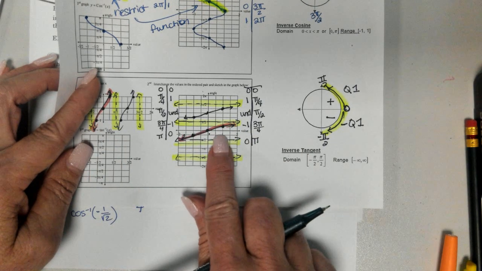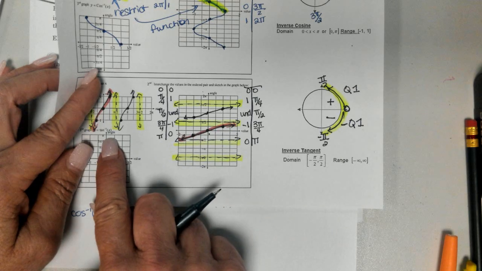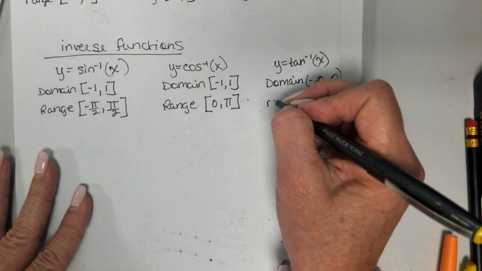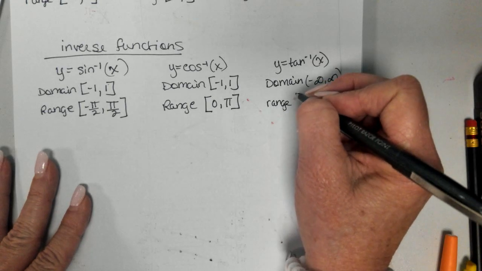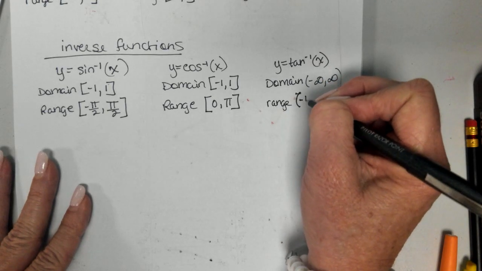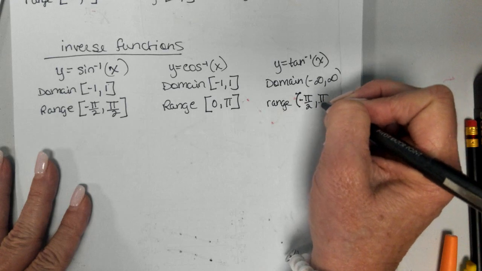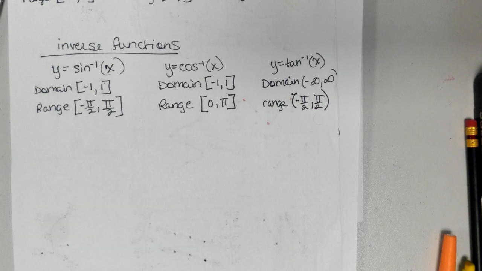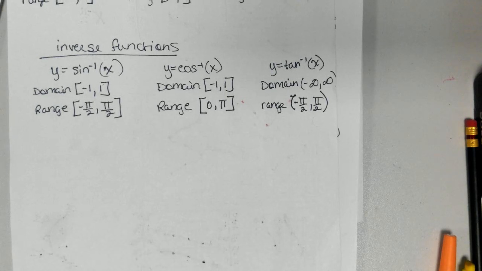So our x values are getting bigger and bigger and smaller and smaller. But our range values remain negative pi over 2 to positive pi over 2. So there is a difference between the parent function and its inverse. To get the inverse, we have to restrict the parent. Okay?